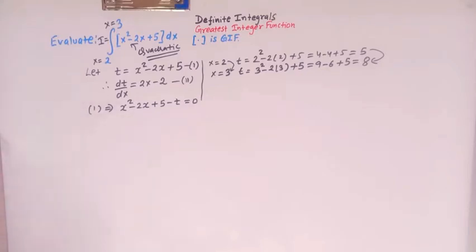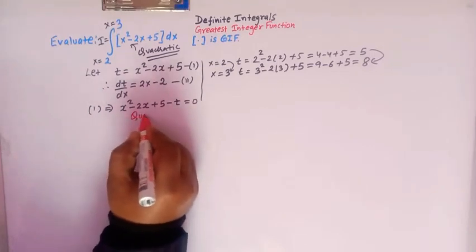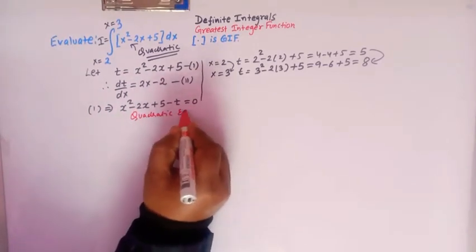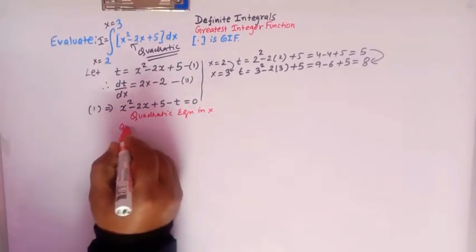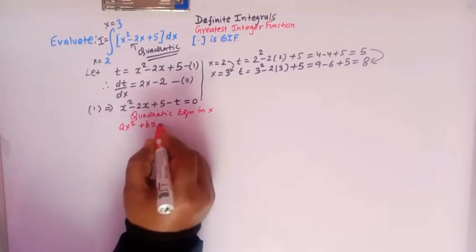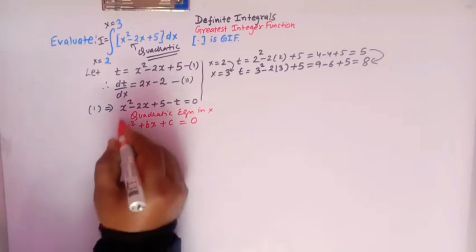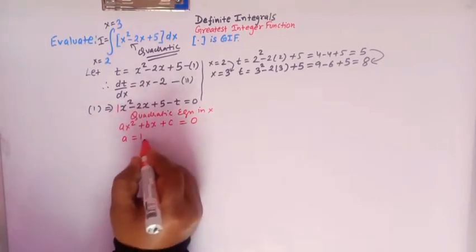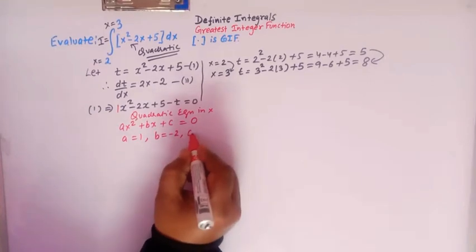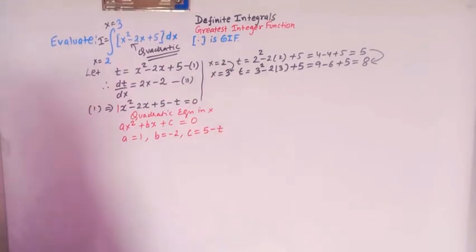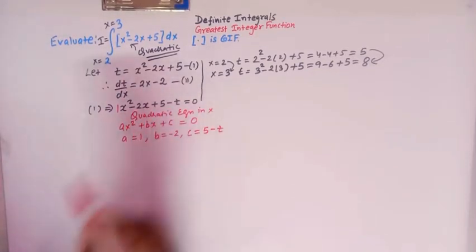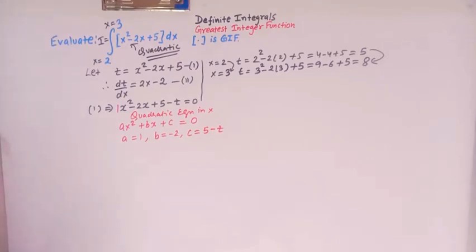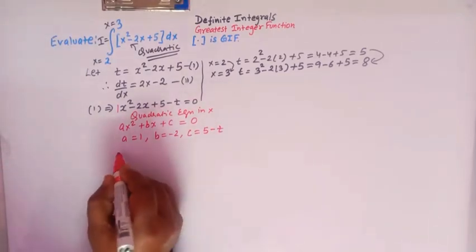Now we see that this is a quadratic equation in x, and if we compare it with the standard equation ax square plus bx plus c equal to 0, we see that a is 1, b is minus 2, and c is equal to 5 minus t.